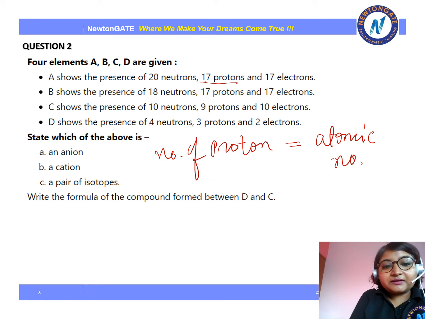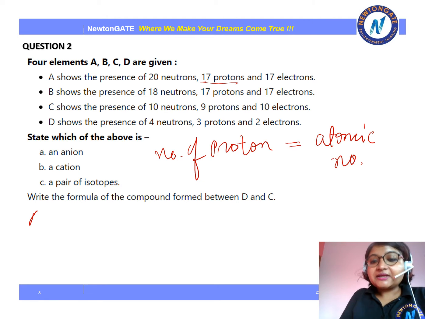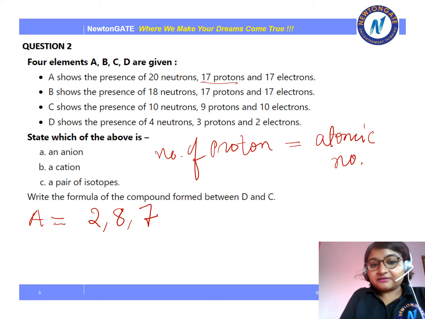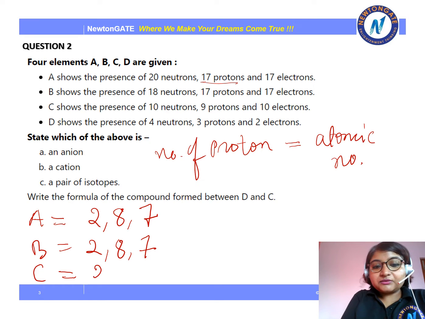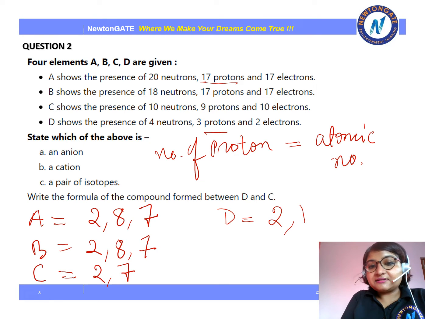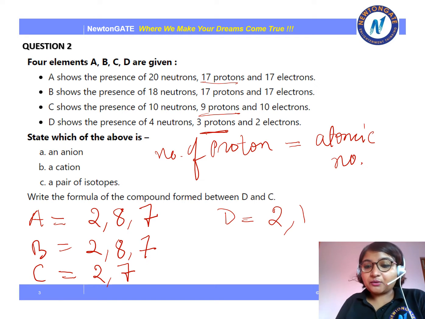That's why for element A, the electronic configuration will be 2, 8, 7. For B, it should be the same, 2, 8, 7. For C, it is 2, 7. And for element D, it should be 2, 1, because the atomic number is 3 here, it's 9 here. Okay.